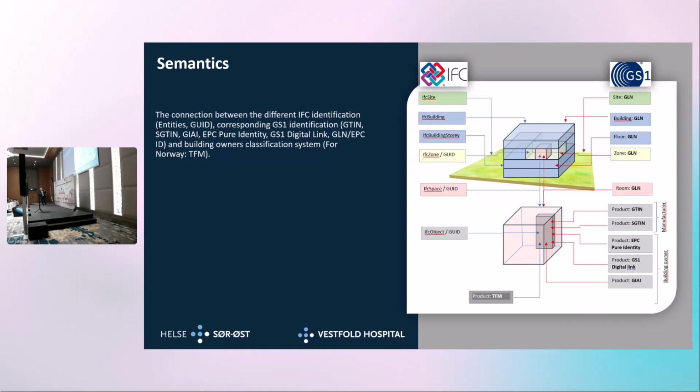And we have the IFC building, building storey, IFC zone, IFC space, IFC object, and we have GLN, room, product, and the different items there. GS1 Digital Link was described in the previous session here. So this describes how we could implement the GS1 standard into the BIM environment.